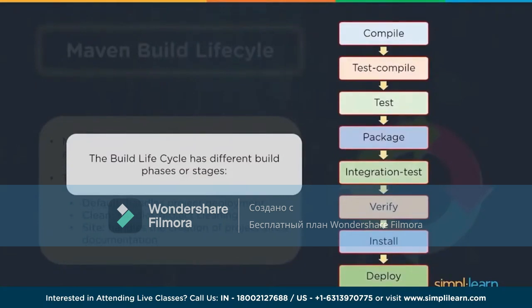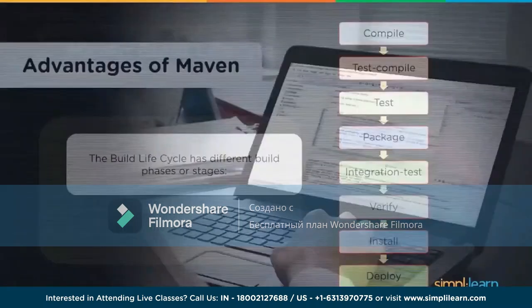Test will execute the test cases, package will package the bundle, then we have integration test to run the integration test cases, then verify, then the install goal, and the last one is deploy, which deploys the artifacts to the artifact tree. So all these are the different phases and stages which we normally follow for performing build automation.